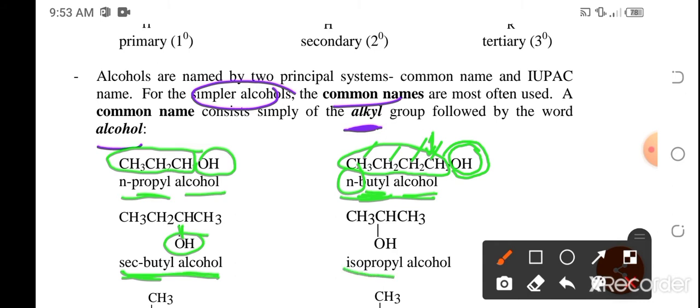Then we have isopropyl alcohol. Propyl means 3 carbon atoms. This is isopropyl because the hydroxyl group is attached on the second carbon atom. Remember, in propyl alcohol the hydroxyl is attached on the first, while for isopropyl it is attached on the second.